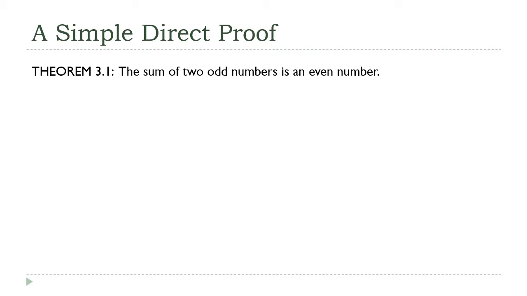All right, so we're going to start off with a pretty straightforward statement here. The sum of two odd numbers is an even number. Now, this is pretty clear to me, but when you're just starting off, it can be helpful to rewrite something like this into a purely if-then form.